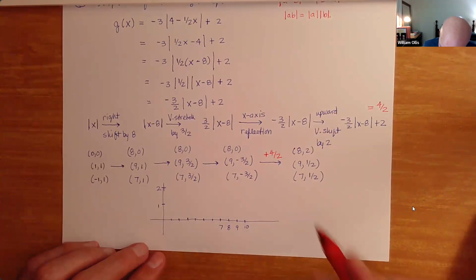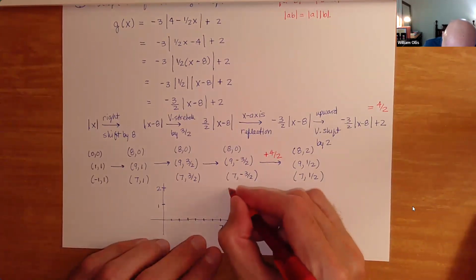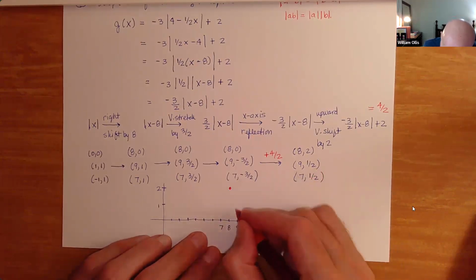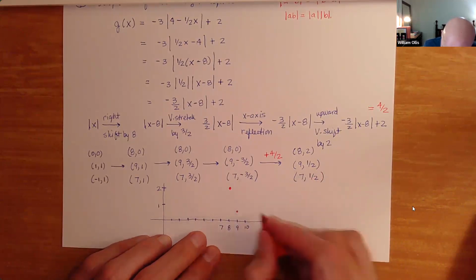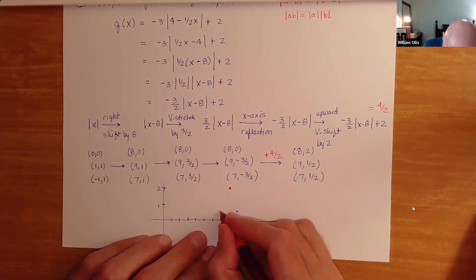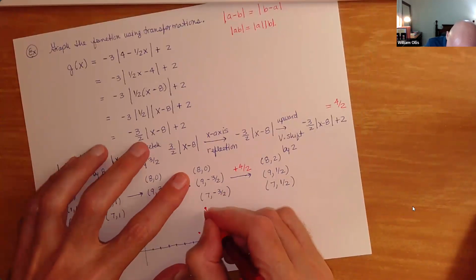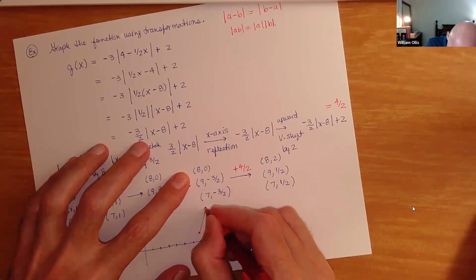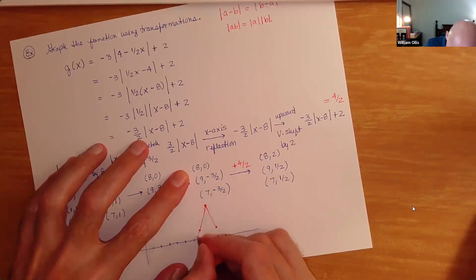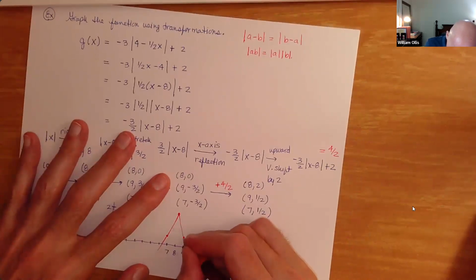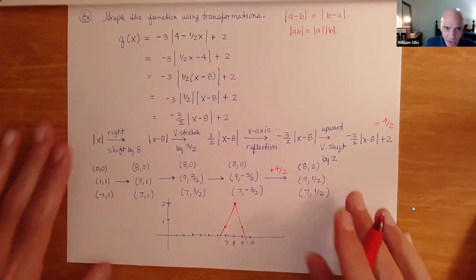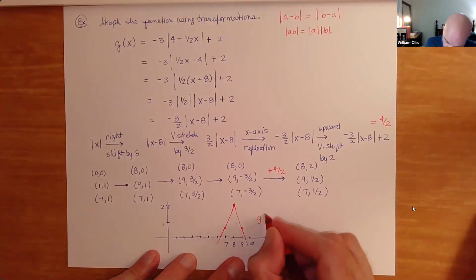So we have an 8, 2. And then we have the 9, 1/2. And we have the 7, 1/2. All right, there. Okay. And of course, we can extend this if you like. So this is our graph of g of x.